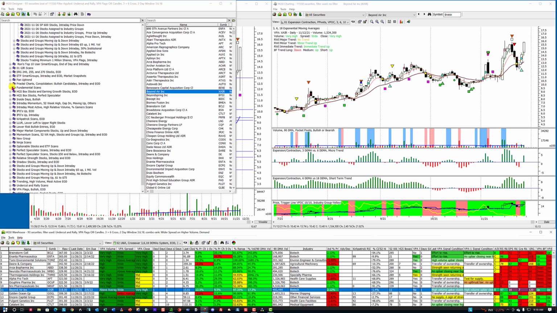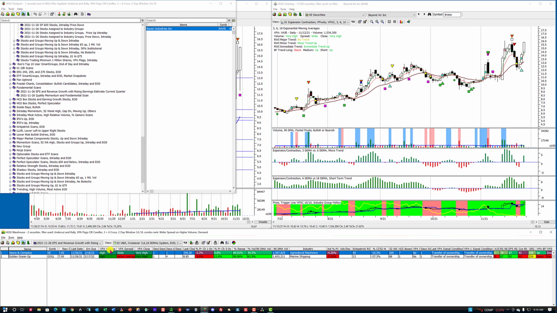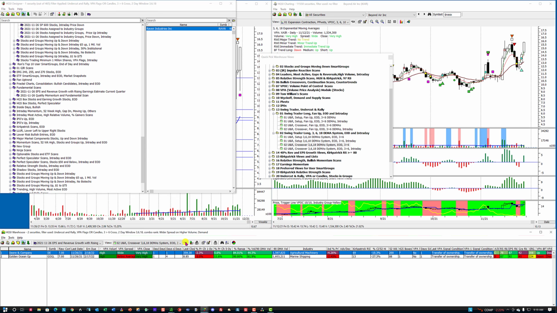What I did this morning is put a couple of fundamental scans in here. EPS and revenue growth with rising earnings estimates, current quarter. If you're looking for stocks that have decent fundamentals, I'll just transfer this down here.